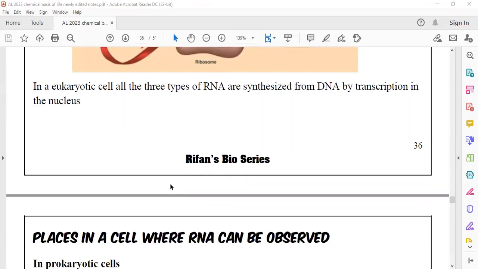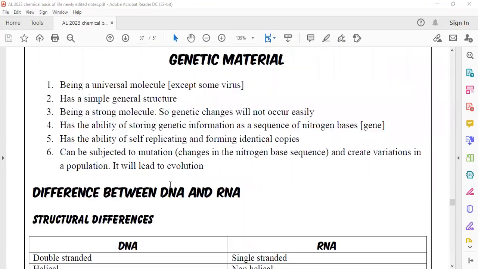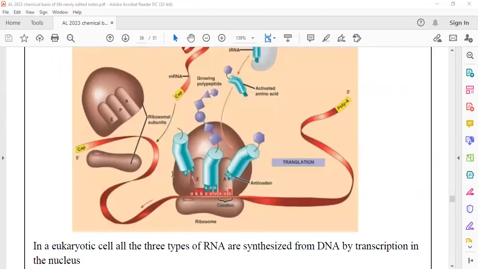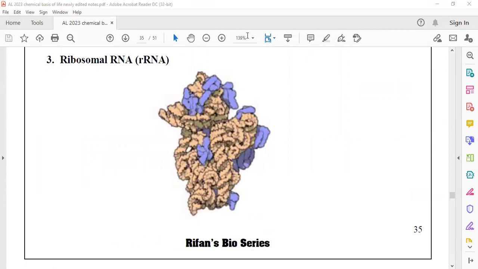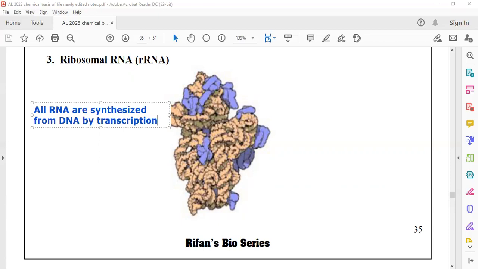All RNA are synthesized from DNA by transcription.